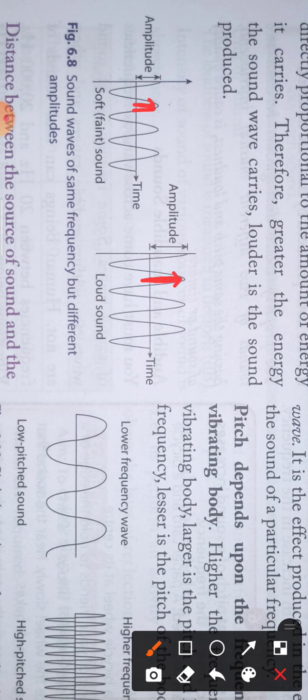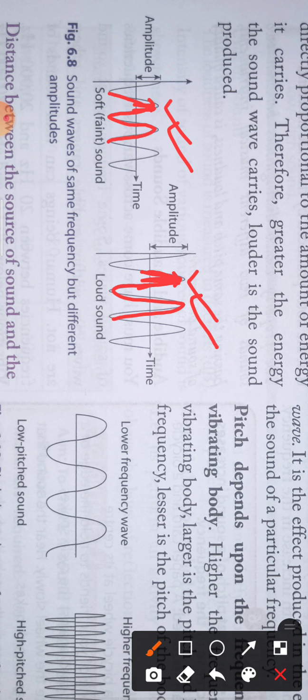The left one has a very low height. So here you have a high amplitude, and on the left side you have a low amplitude. Amplitude represents the amount of energy. The higher amplitude means this sound wave has a high amount of energy, and on the left side the amplitude is low, which means this sound wave has a low amount of energy.